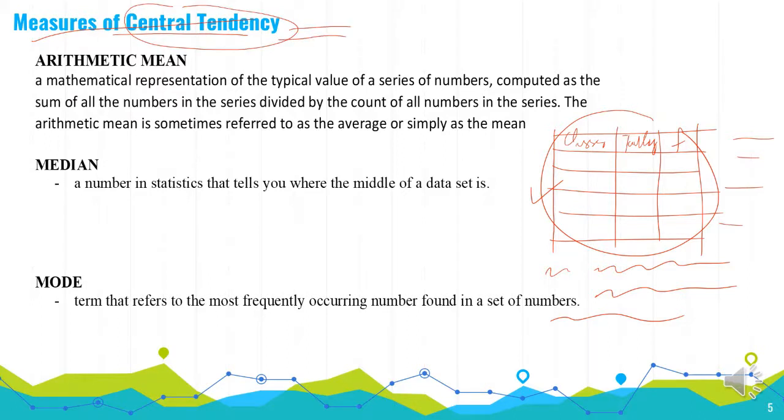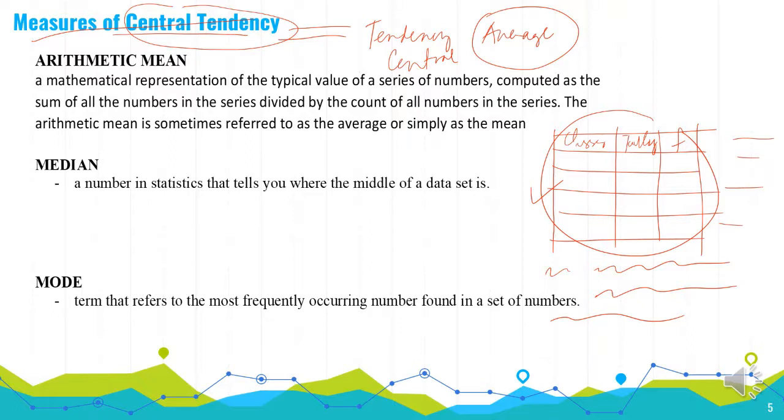When we say central tendency, we need to describe the tendency of the data, or what we call the average. The central tendency of the data is actually the average. What is the majority that we see there? For example, going back to our earlier example, the interlocking blocks in pounds per square inch.